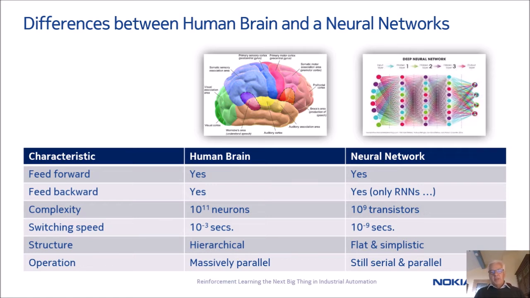But nevertheless, the human brain structure is very hierarchical, whereas the neural network is pretty flat and simplistic. And last but not least, the human brain is massively parallel. So we can do thinking in parallel and forwarding in parallel, whereas the neural network is still serial. You also have parallel processing on GPUs and fast engines, but we are still very limited compared to our brain.